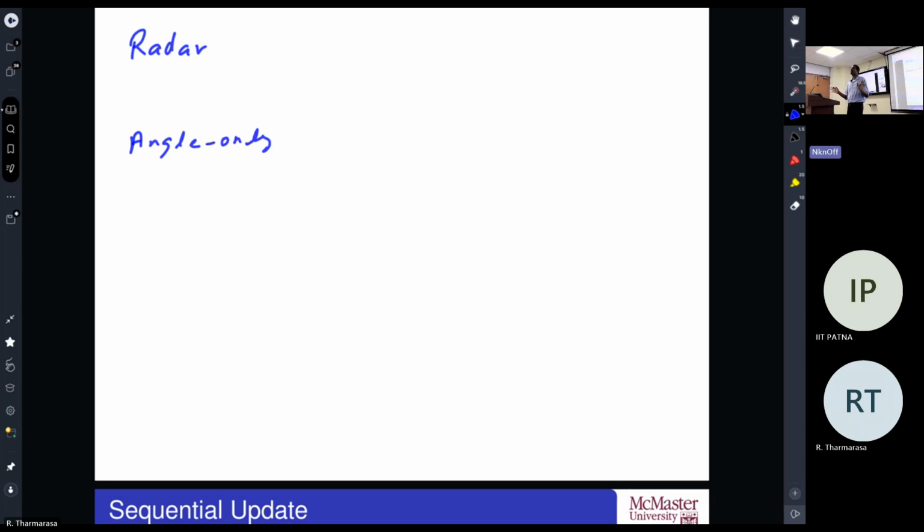Okay, let's assume we have two sensors. One is a radar, the other one gives angle only. You know radar gives R and theta. This gives theta. And let's say sigma R is 10 meters and sigma theta is 1 degree.